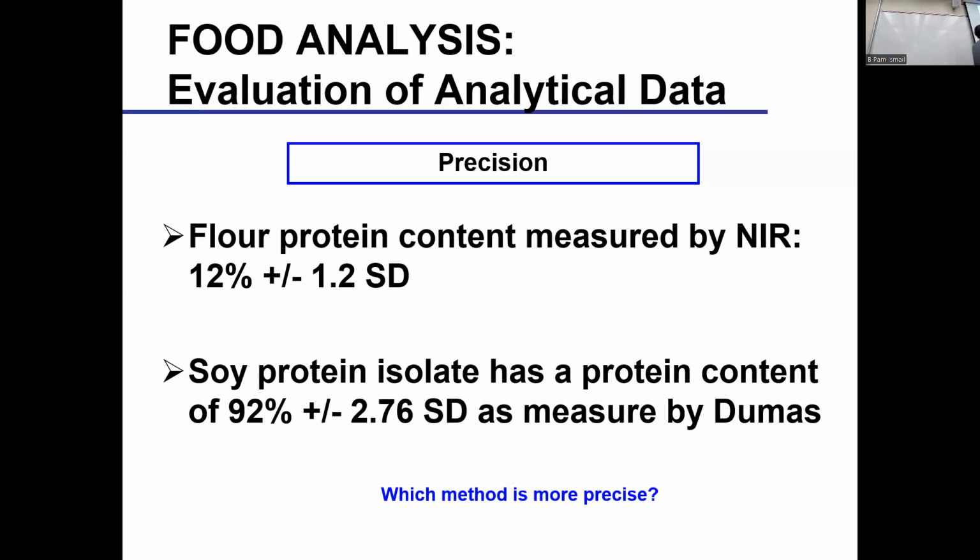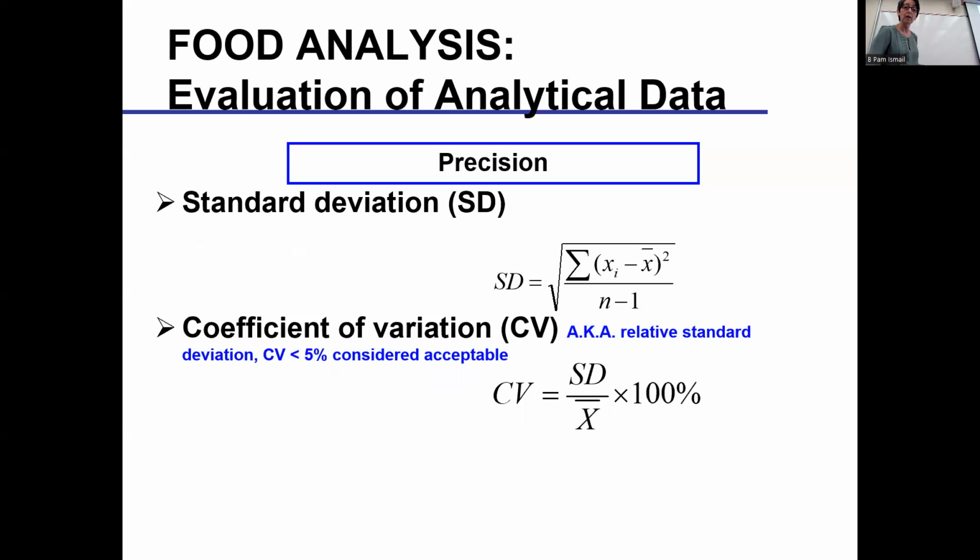The coefficient of variation corrects for the size of the mean. Remember those terms. Coefficient of variation corrects for the size of the mean, because I'm dividing by the mean, so I'm taking into account its size, and then I multiply by 100.